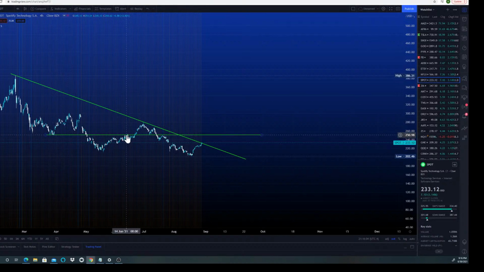It actually acted as a resistance right here, and then it was just shy of acting as a resistance right here. So as we see it kind of breaking this downtrend, it could end up making that push towards that 250. But once it gets to that 250 level, I would have to see how it acts there, because I would expect it to reject, especially how the market's running on fumes right now. Once those fumes exhaust themselves, Spot will follow through with that to some extent as well.